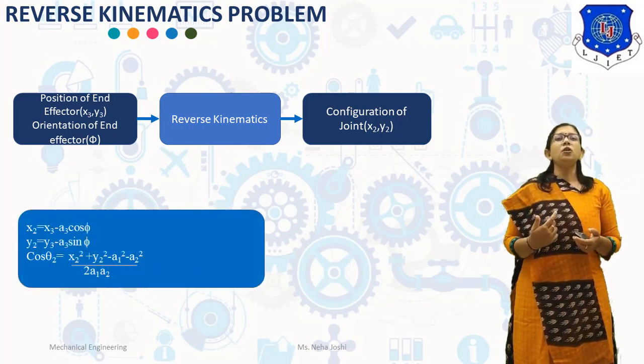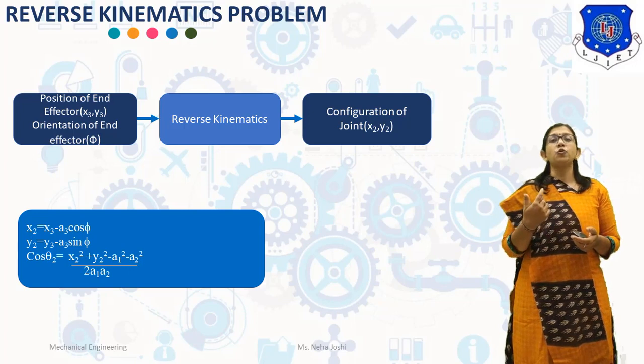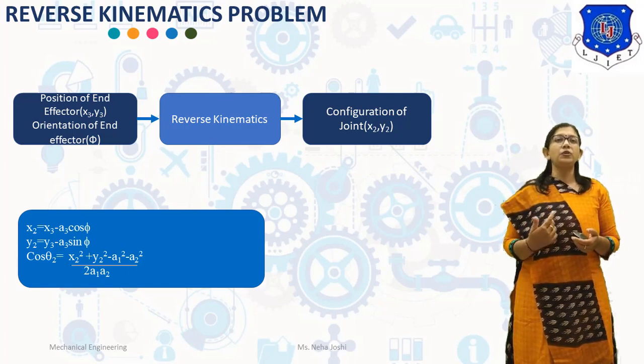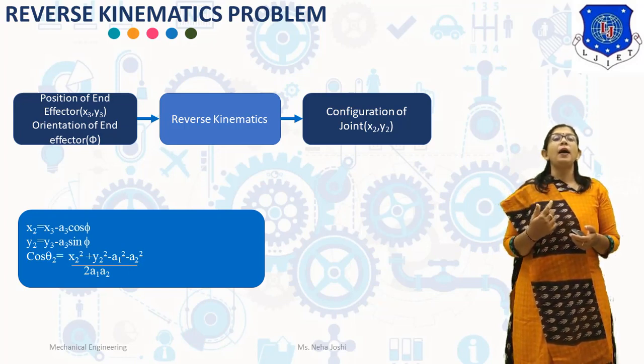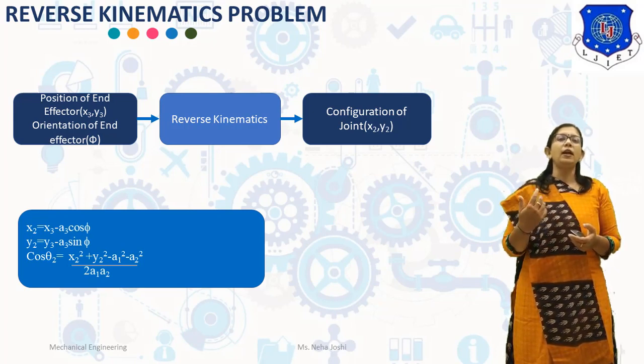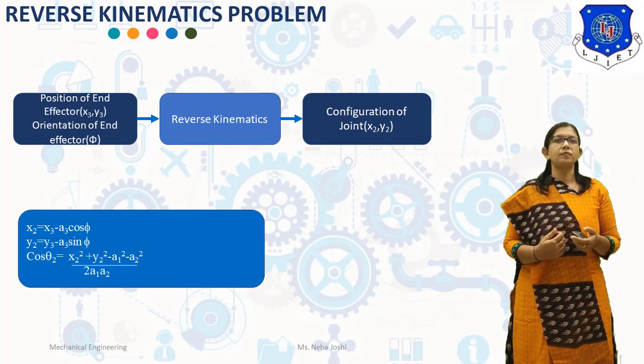The configuration of the joints and joint angle are given by the equation x2 is equal to x3 minus a3 cos phi, y2 is equal to y3 minus a3 sin phi and cos theta 2 is equal to (x2 square plus y2 square minus a1 square minus a2 square) by 2 a1 a2. Similarly, we can find x1, y1 and theta 1.